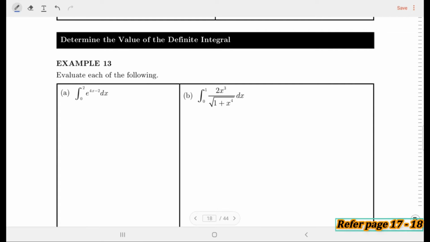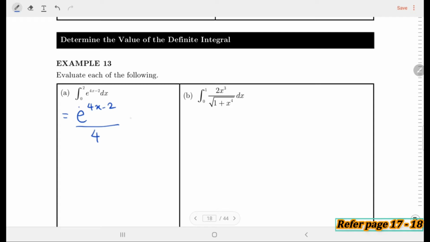Now example 13, evaluate each of the following. So part A, we're going to integrate the exponential function. We have the definite integral from the lower limit 0 to 2, to integrate e to the power of 4x minus 2 with respect to x equals, integrate exponent, we copy first, so e to the power of 4x minus 2 over, divided by the derivative of 4x minus 2, which is 4.